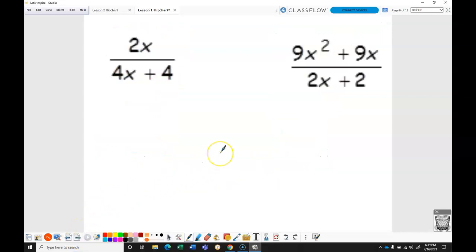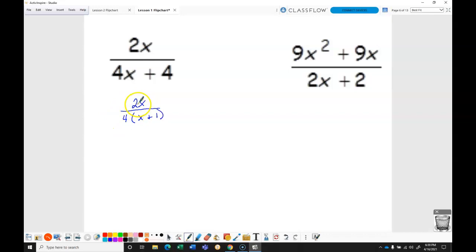All right, so here we go with these. You don't necessarily have to break down the 2 and the x. Maybe we'll just leave it like that. That seems like it's about as simple as it can get as 2x. But the bottom does have a common factor of 4. That will leave us with x plus 1. So I can't really get rid of any of the variable factors, but I could simplify the numbers.